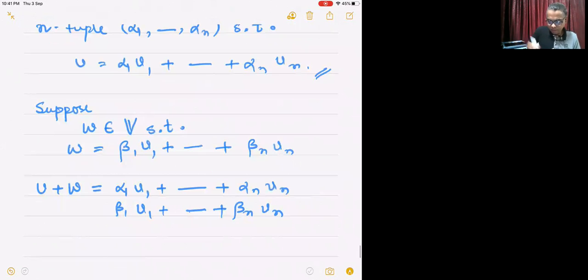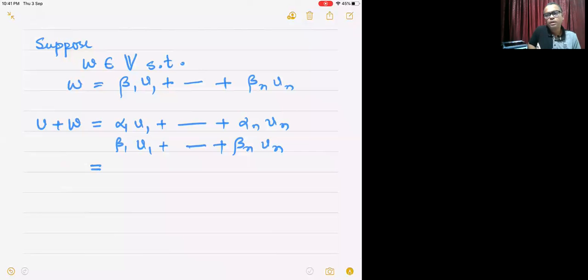Now, of course, by all the axioms of vector addition in an arbitrary vector space, there is associativity, commutativity, distributivity, all those properties. If I apply them together, I get this expression to be equal to (alpha 1 plus beta 1) v1 plus ... up to (alpha n plus beta n) vn.